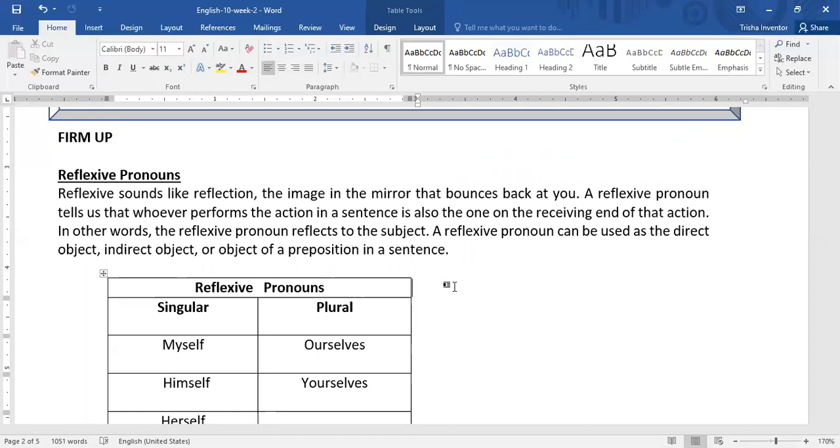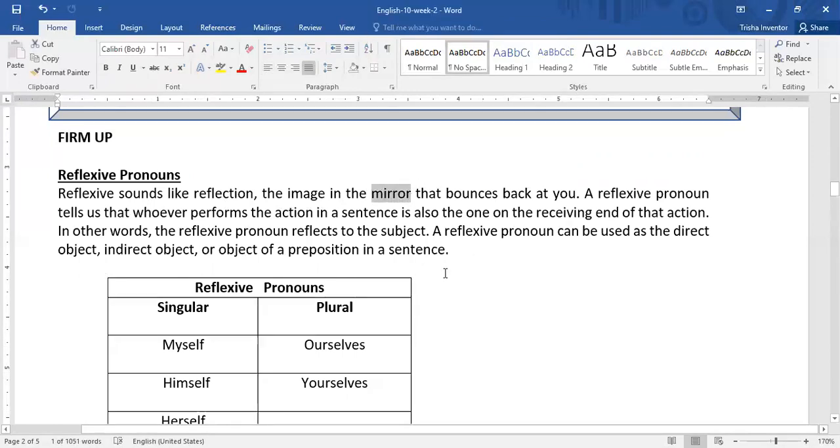So that's why we are talking about a mirror, because in a mirror you can see your reflection there.